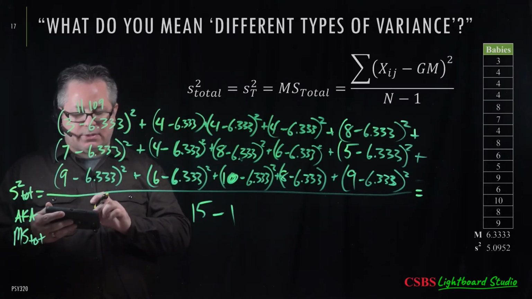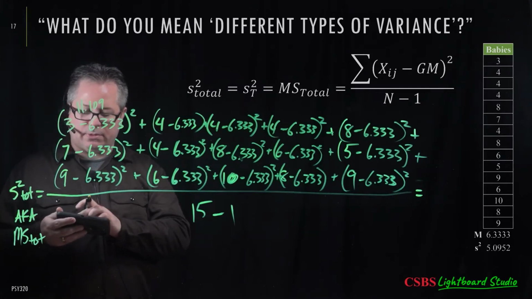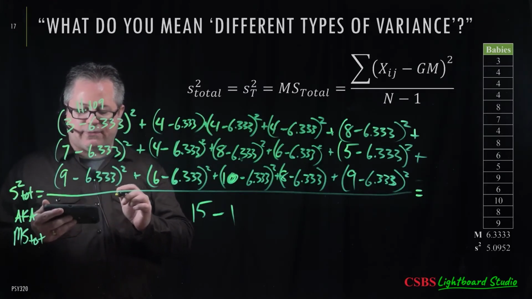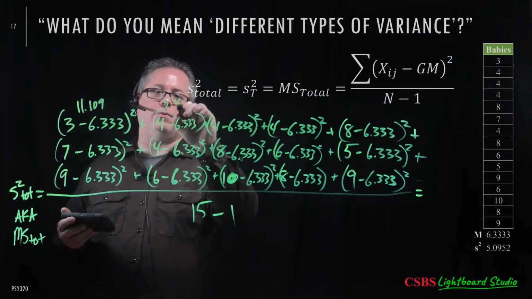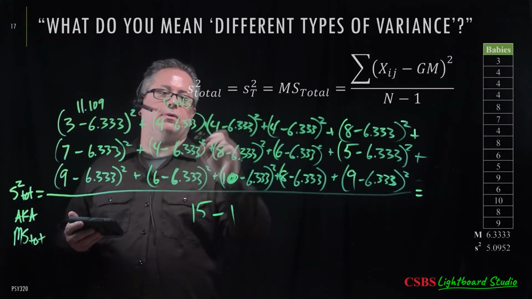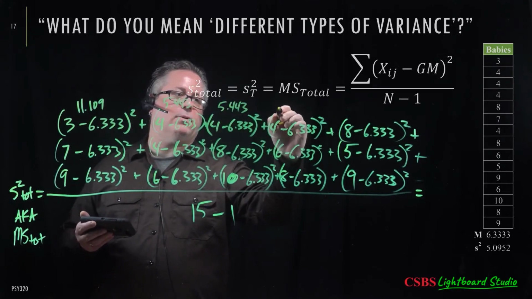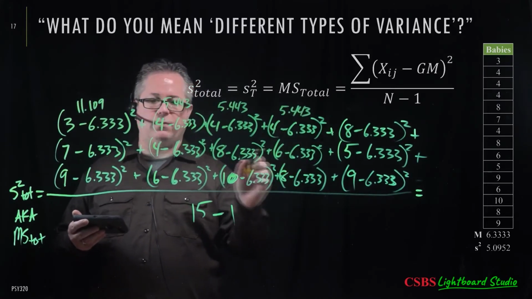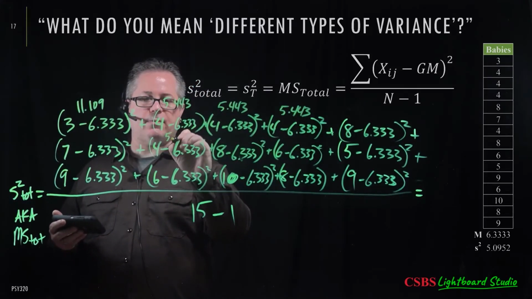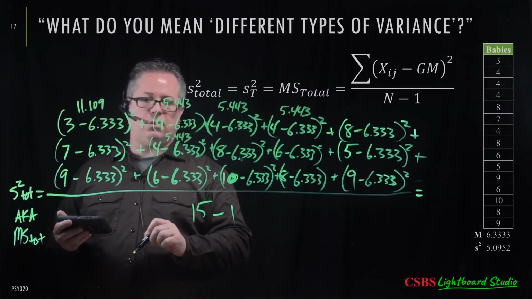4 minus 6.333 equals negative 2.333. Squared that is 5.443. So this is 5.443, so is this, and so is this. The other 4s are also 5.443. I think that's it.